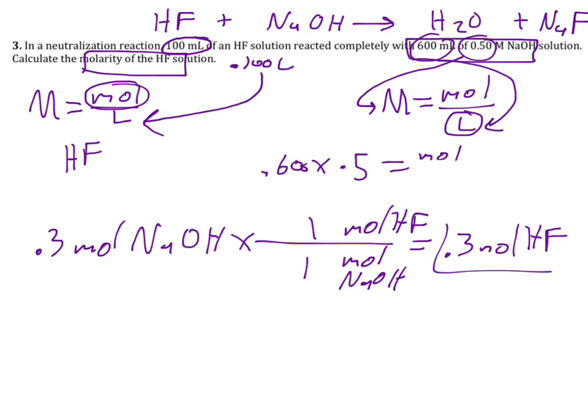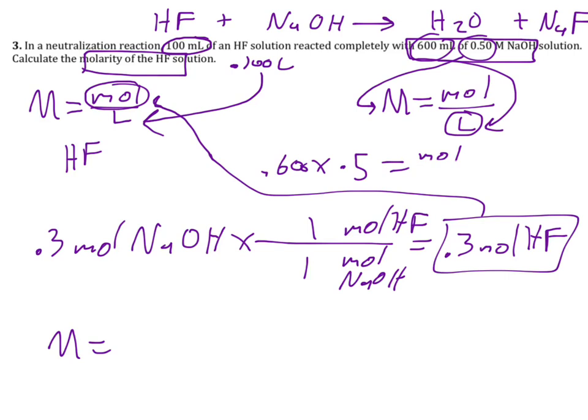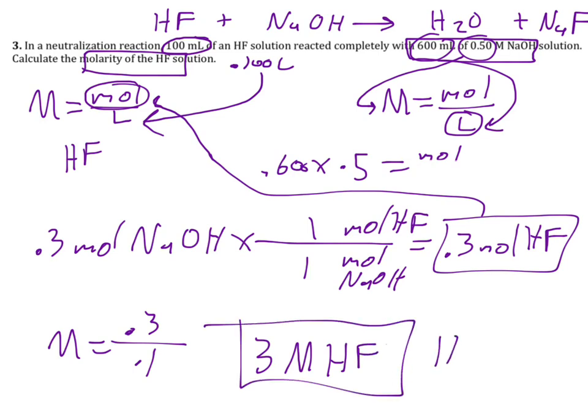And once we have our moles of HF, we can then plug it into this right here, and that will give us our molarity of HF. So again, molarity of HF is going to be equal to the moles, which we just calculated is 0.3, divided by the liters, which is 0.1, and what you end up with is a 3 molar solution of HF. And that's your answer.